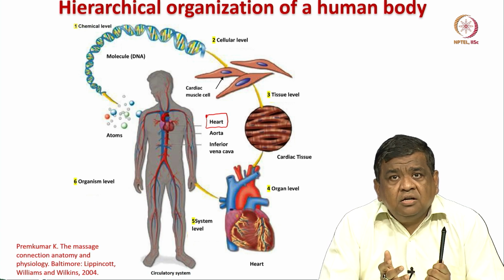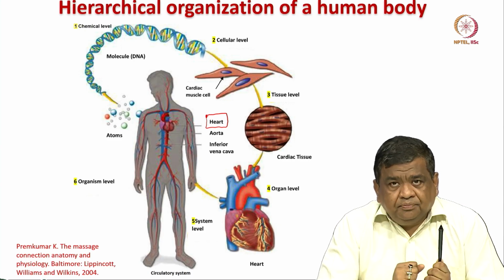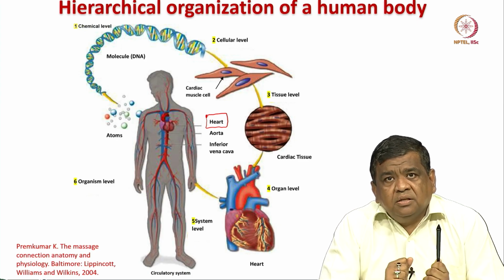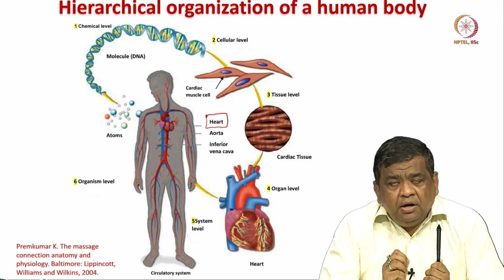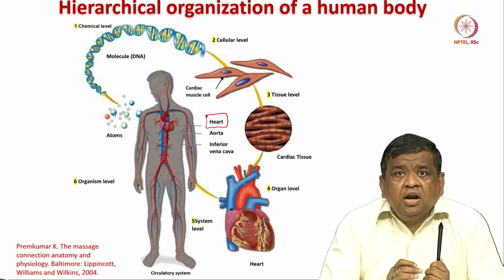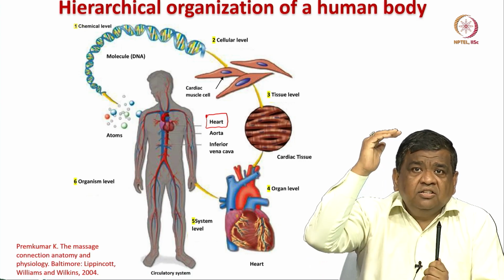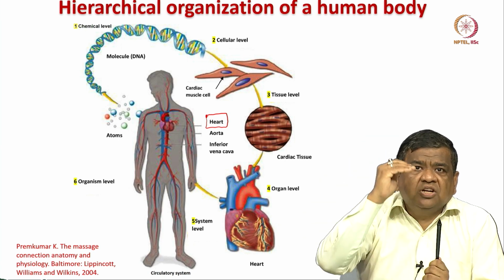If the heart stops its functioning, that is the end of our life. So, in view of its significant role in the functioning of the human body, let me take the heart as an example of an important organ at the highest level. Hierarchical system means it has different levels of its structure, right.